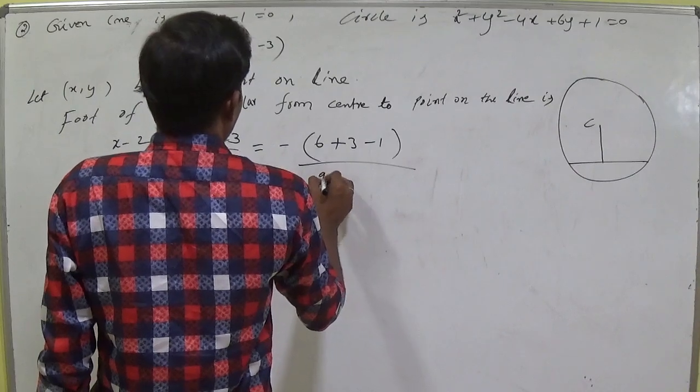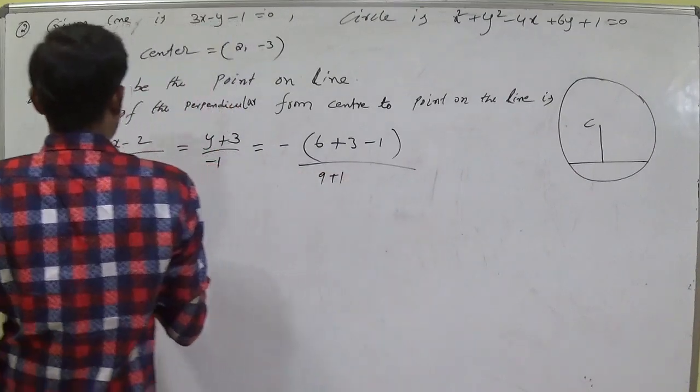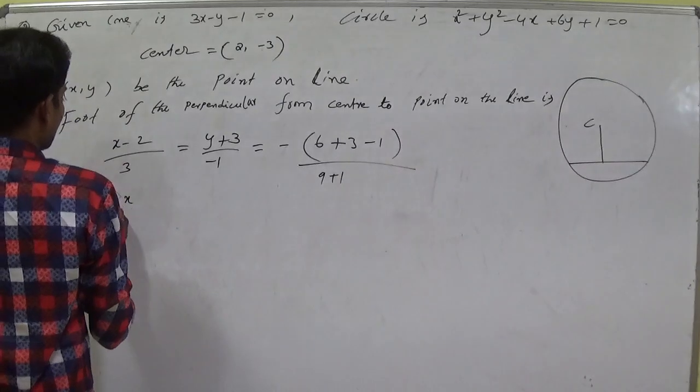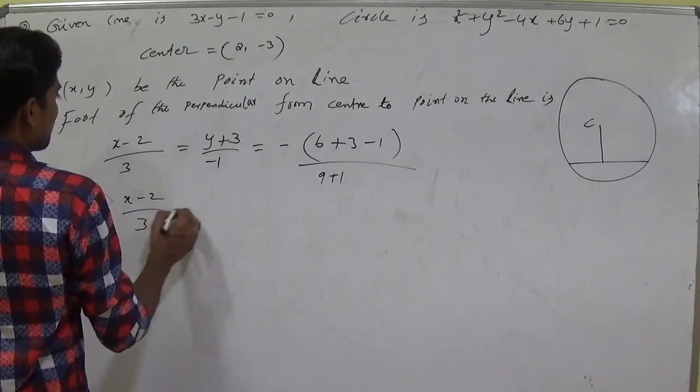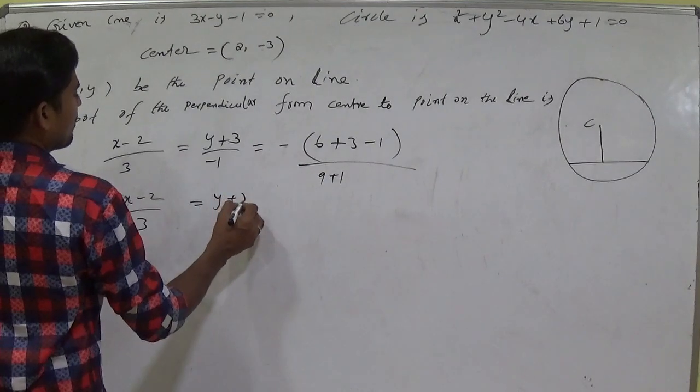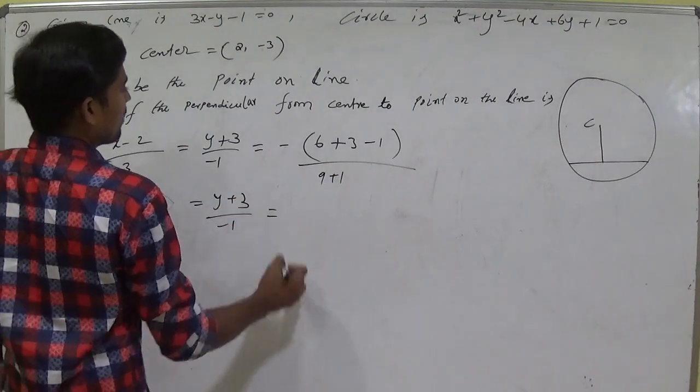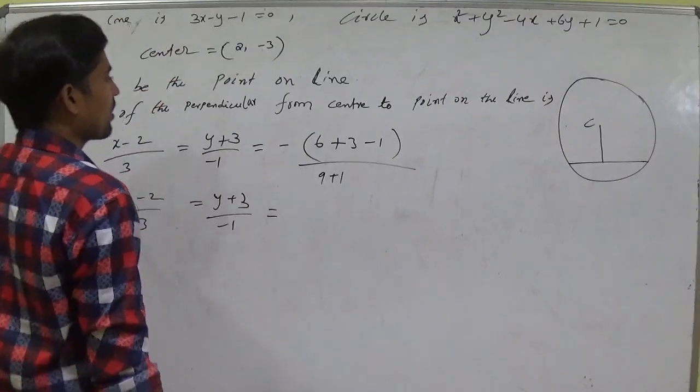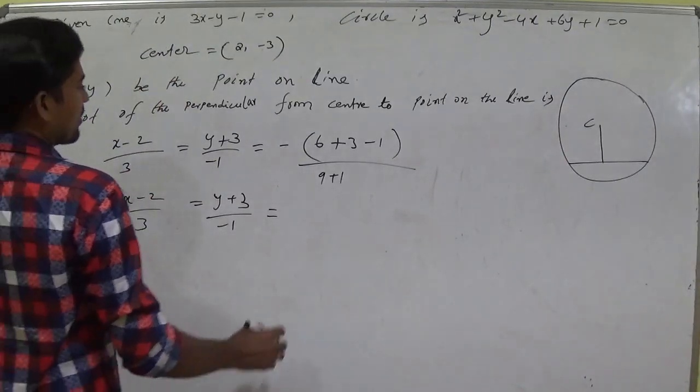So 9 plus 1, (x minus 2) by 3 equal to (y plus 3) by minus 1 equal to minus 8 by 9.